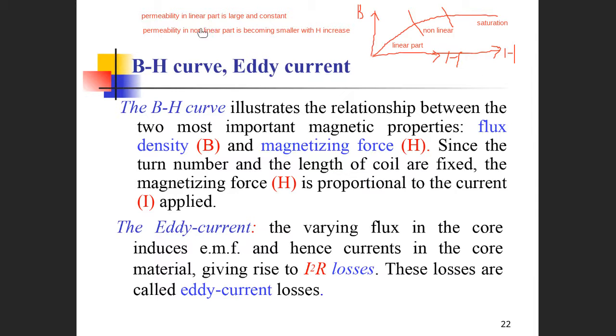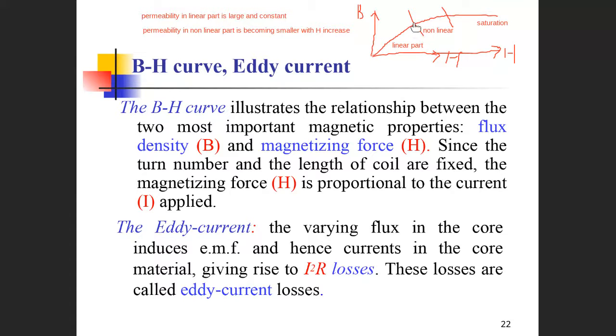Okay, so there are two things that I would like to tell you. The permeability is the ratio of B over H. In the linear part, as you see here, the permeability mu is a constant and large. The permeability is the slope in the BH curve. So the linear part is large and constant.